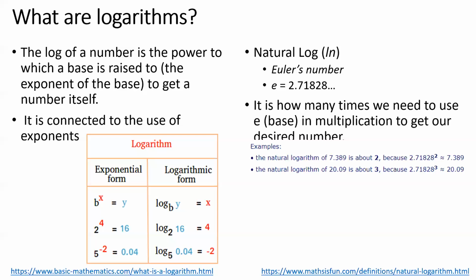Some examples: the natural log of 7.389 is about 2, because you have to take 2.71828 and multiply it by itself twice to get to something close to 7.389. And the natural logarithm of 20.09 is about 3, because e cubed is 20.09.